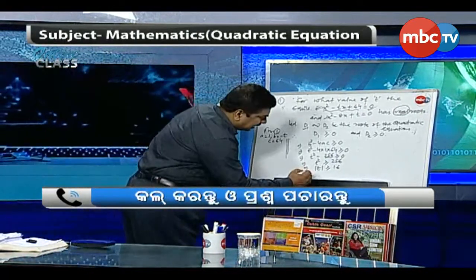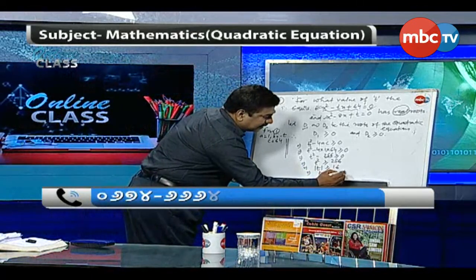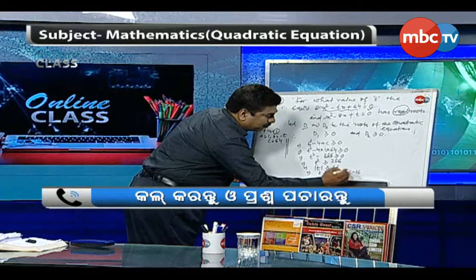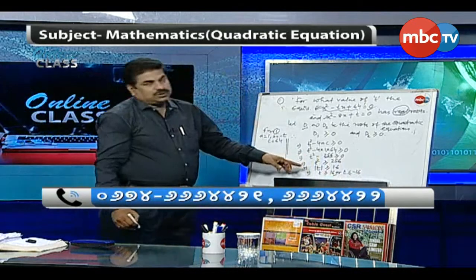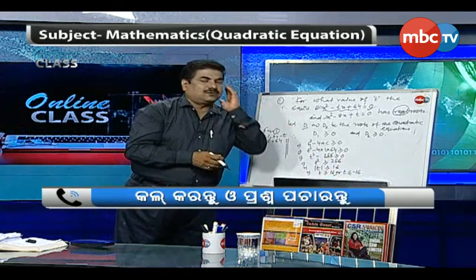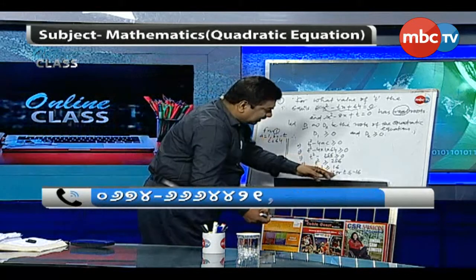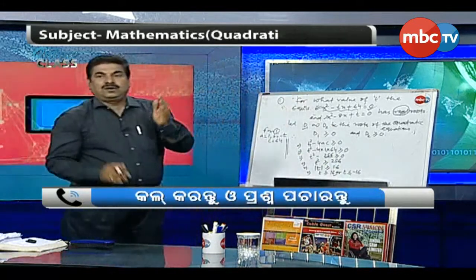That means t is greater than or equal to 16 or t is less than or equal to minus 16, dear. We know from the previous class that mod t is greater than or equal to 16 only if t is greater than or equal to 16 or t is less than or equal to minus 16.